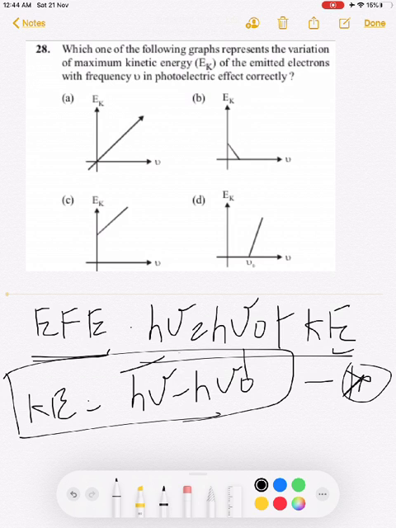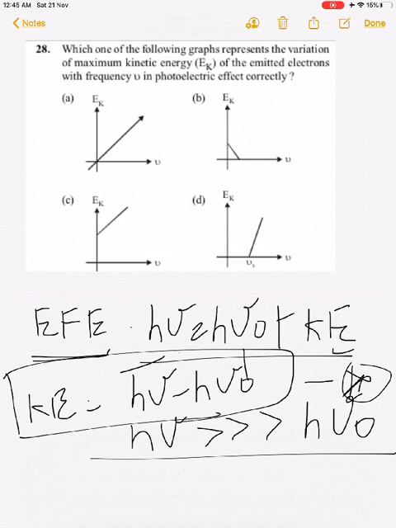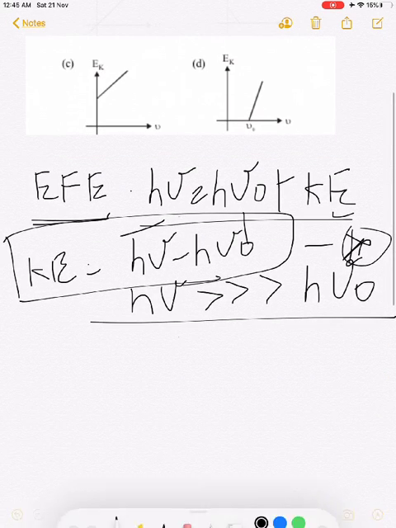To give kinetic energy to the electron, the initial energy h mu should be strictly more than the threshold energy h mu naught. Let us take an example.